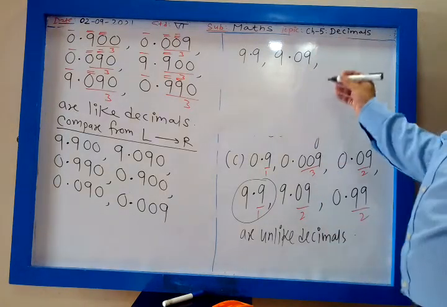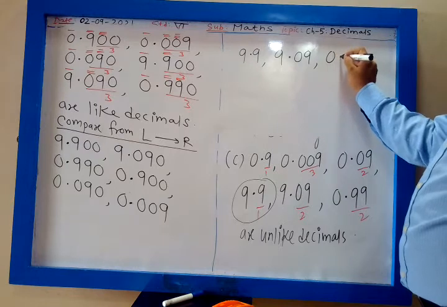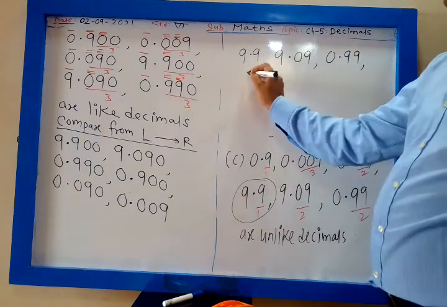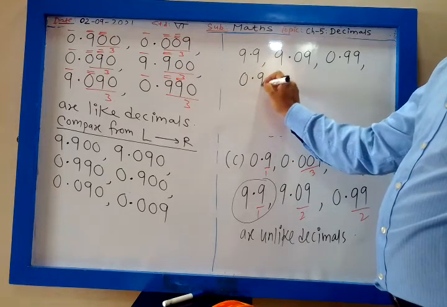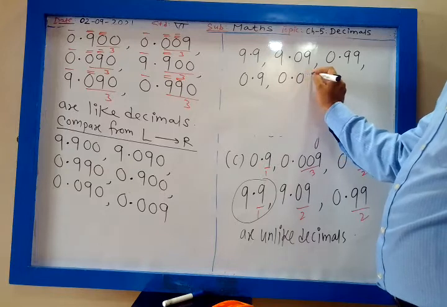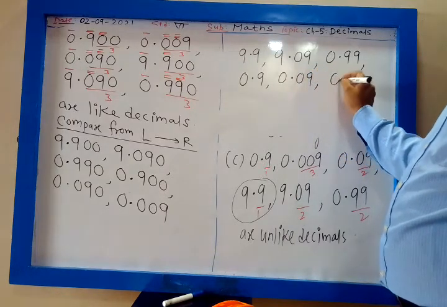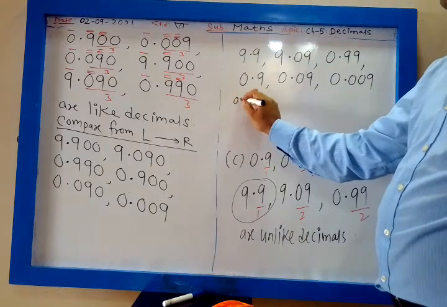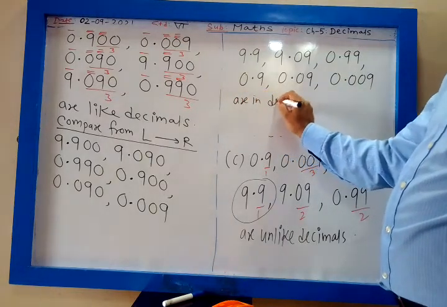Then 0.990, then 0.9, then 0.09, then 0.009 are in descending order.